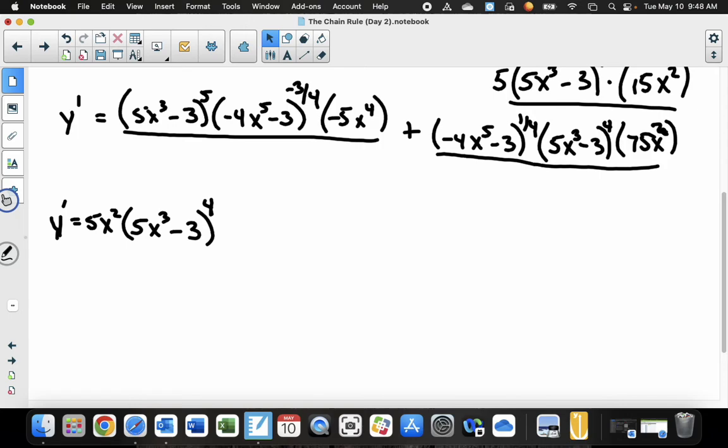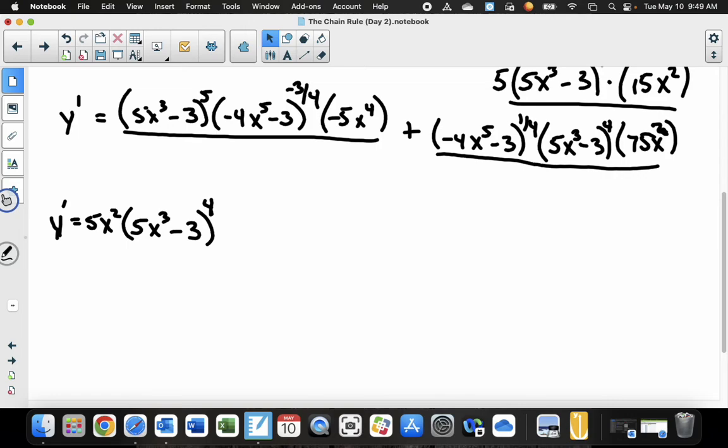Now, here's the last. I saved this for last because I want to make sure you understand this one. It's a little bit complicated, but we'll get you there. I do still have the negative 4x to the 5th minus 3, but if you notice, one's raised to the negative 3/4, one's raised to the positive 1/4.